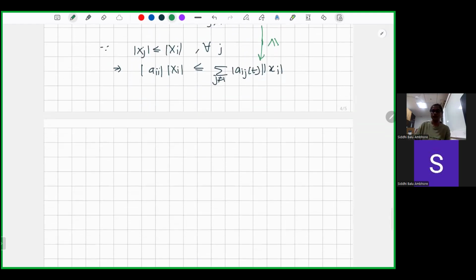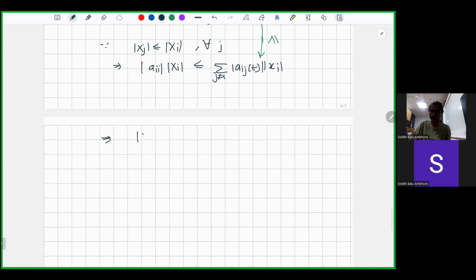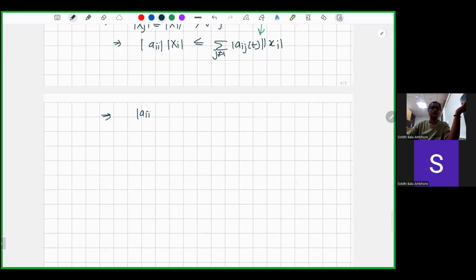Okay, and this x_i is non-zero. We are looking at a non-zero vector and taking the maximum modulus among those entries. So mod x_i is non-zero, and I can just remove it. So I get a_{ii} less than or equal to the summation over j not equal to i of a_{ij}(t).